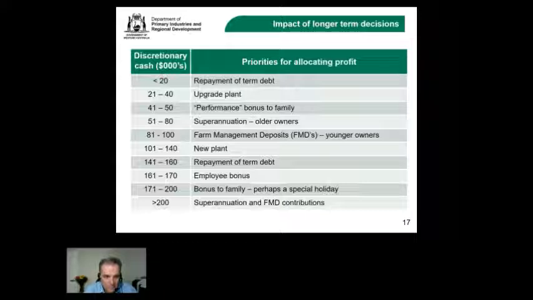Now, your mix of what you do with your money and discretionary spend is going to be up to you. Maybe you don't need to break it down into 20, 30, 40 grand lots. Maybe you do it in 50s. Maybe you have different priorities based on the life cycle of your farm and your risk profile.